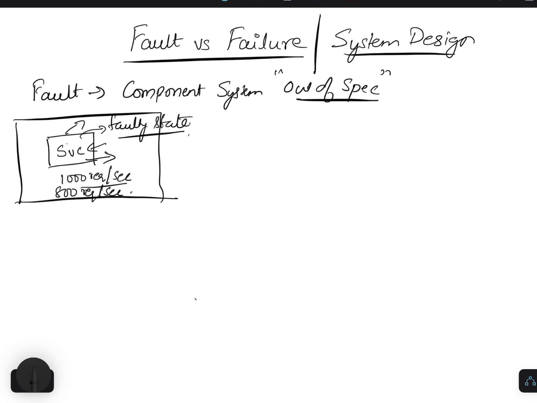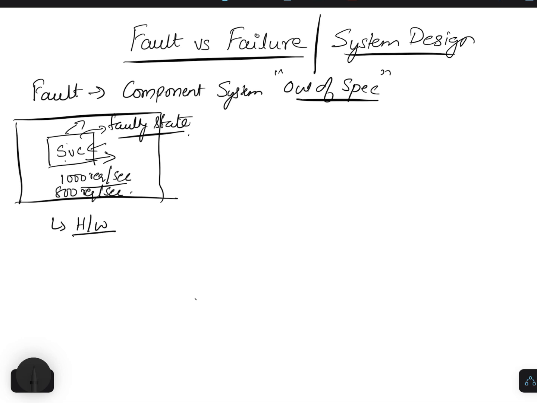There can be many reasons why this service has become faulty. One of the reasons could be a hardware reason.